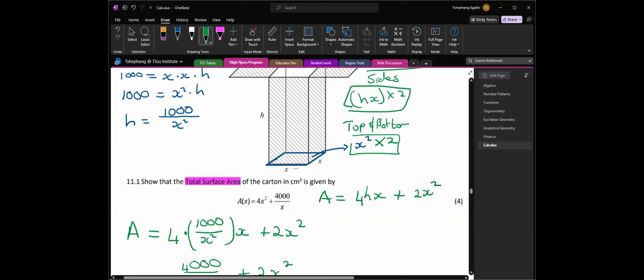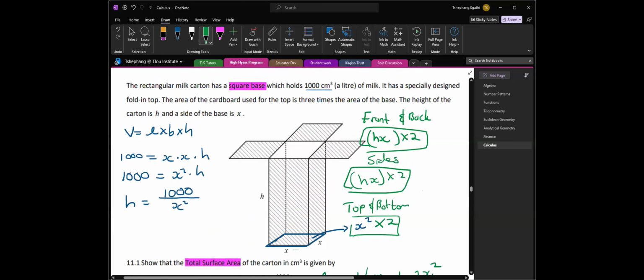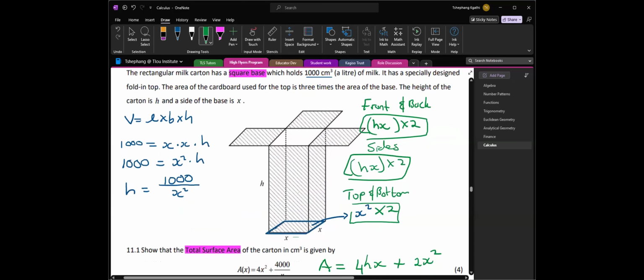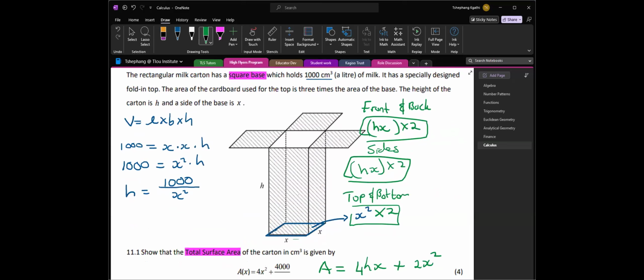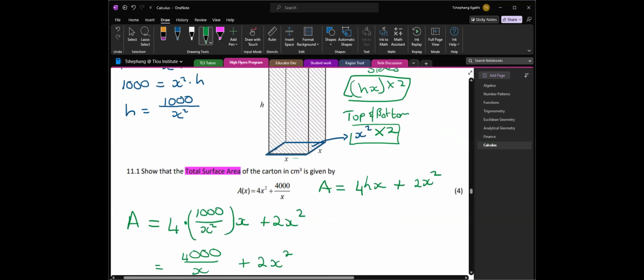Just give me a second to double check that I didn't make a mistake on my side. The area of the cardboard used for the top is 3 times. Okay, that shouldn't be a problem at the moment.